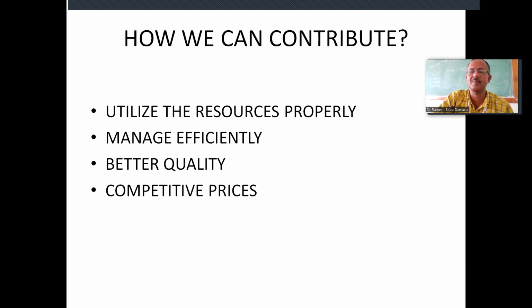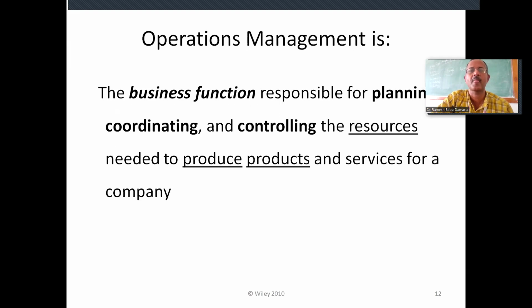Minimum resources, minimum wastage or zero wastage, and maximum output should be the target of anybody, because resources are very limited on Earth, correct? So we should reduce the wastage and utilize the maximum. We should make better quality and offer it at a competitive price to the consumer. This way, a learner can contribute.